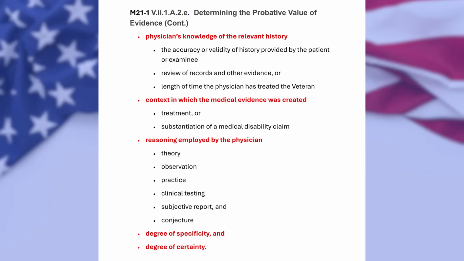Here's the example. You go to the VA's website, you download the DBQ. You take it to your treating physician that has been treating you maybe 2 or 3 months, a year, 2 years, or this doctor is a specialist, a cardiologist, all right, a proctologist, a podiatrist, and they complete a DBQ and Nexus.